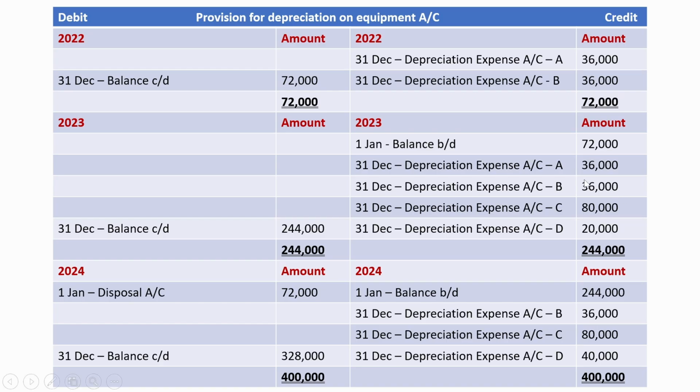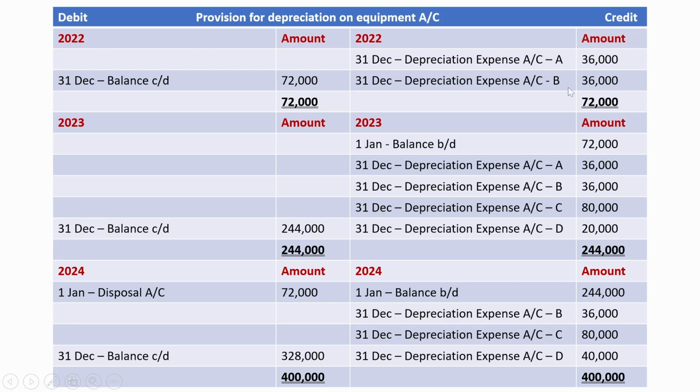You still have equipment A, so the good thing is that the depreciation that you had in the first year for A is still going to be the same for B. Because we're using the straight line method, the depreciations don't change.